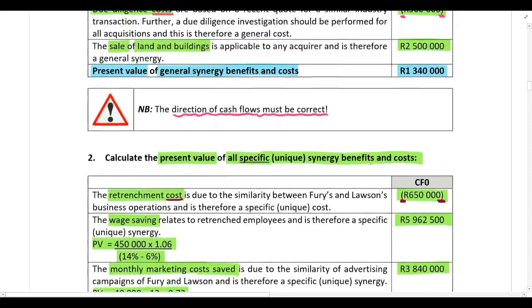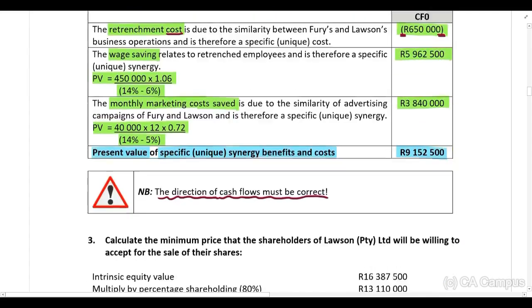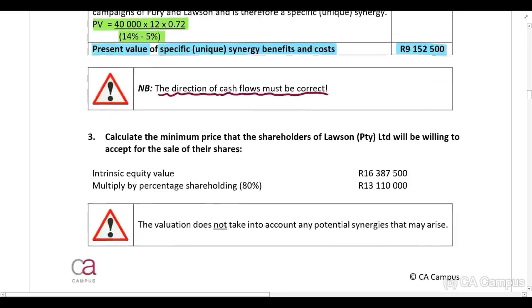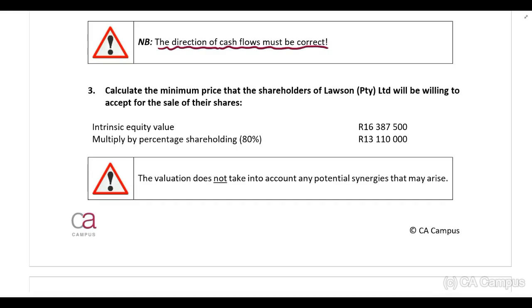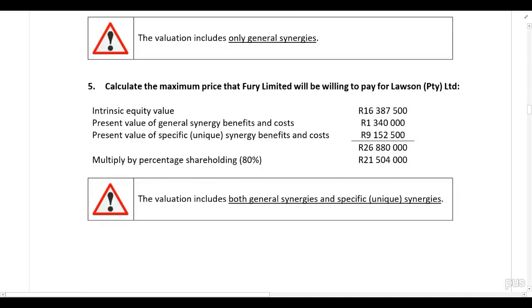Right. So you've calculated the present value of all general synergy benefits and costs. You've also calculated the present value of all specific or unique synergies and costs. And now I want you to calculate the minimum price, the fair market value, and the maximum price.